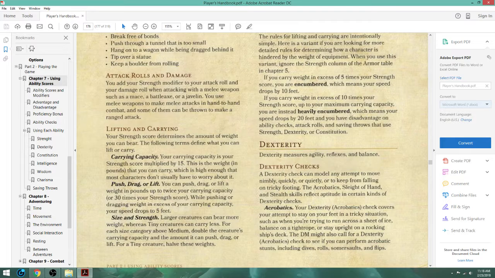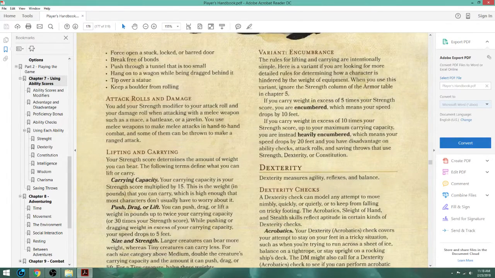So your carrying capacity is your strength score, not a modifier, multiplied by 15. Your push, drag, and lift is 30 times your strength score. So we'll go from there.